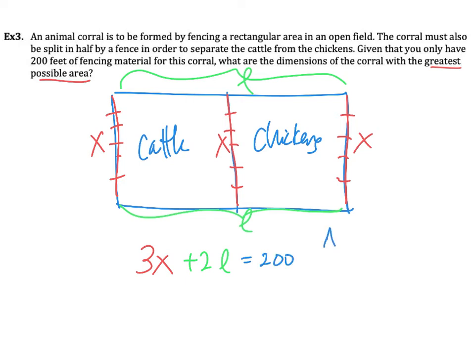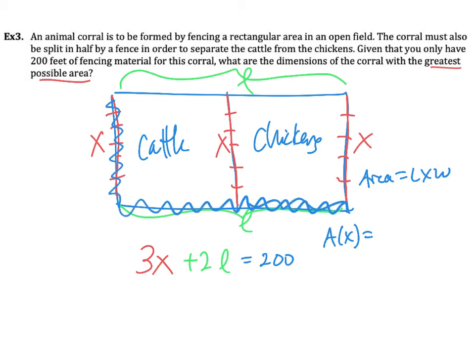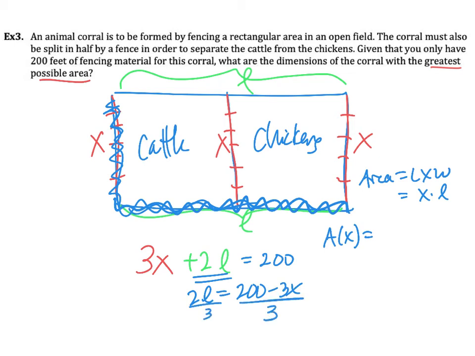So remember your area, right? My area is just length times width. x is my width, and L is my length. So it's just x times L. So I have to take this L over here, I have to solve for L, so it's 200 minus 3x, divide by 3, divide by 3.